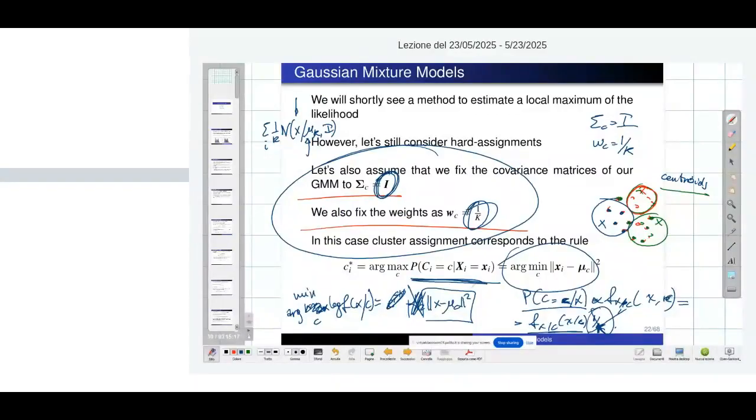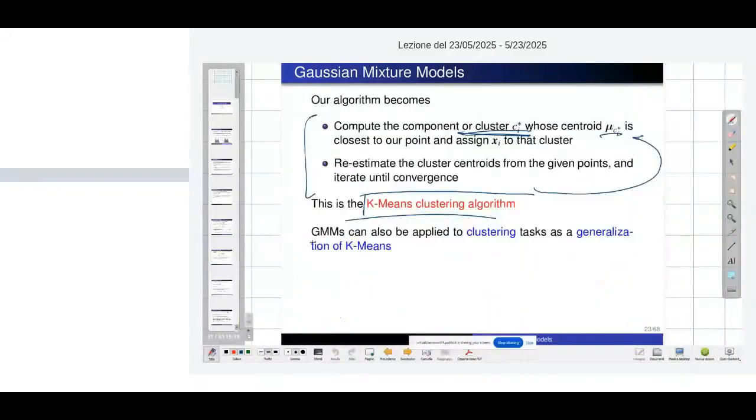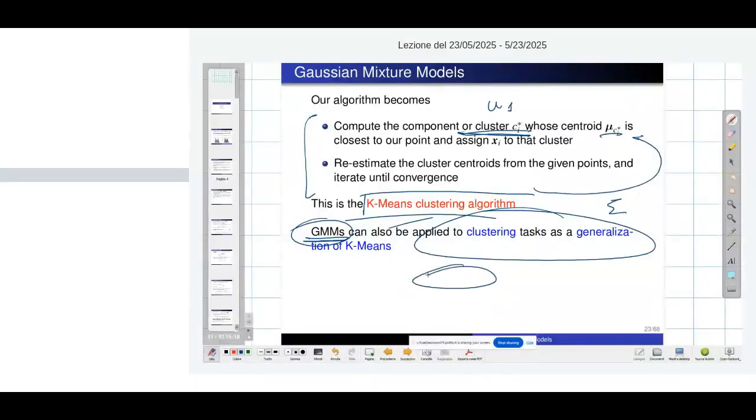And k-means is a specific implementation of this algorithm where we assume the covariance matrix is the identity and the weights are the same for all the components. Which also means that we can see the GMM as a generalization of k-means clustering. A generalization that allows us to have clusters of different dimensions. The prior for the clusters can be different and can have also different shapes. So we may have clusters which are oriented in some way and clusters that are oriented in a different way.